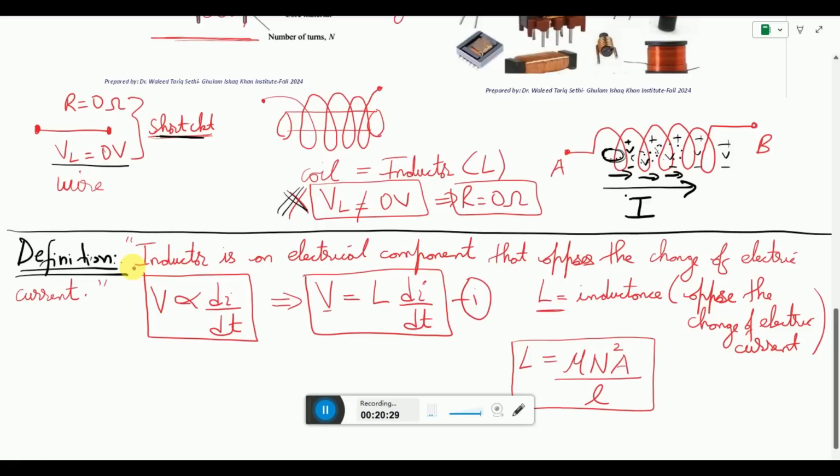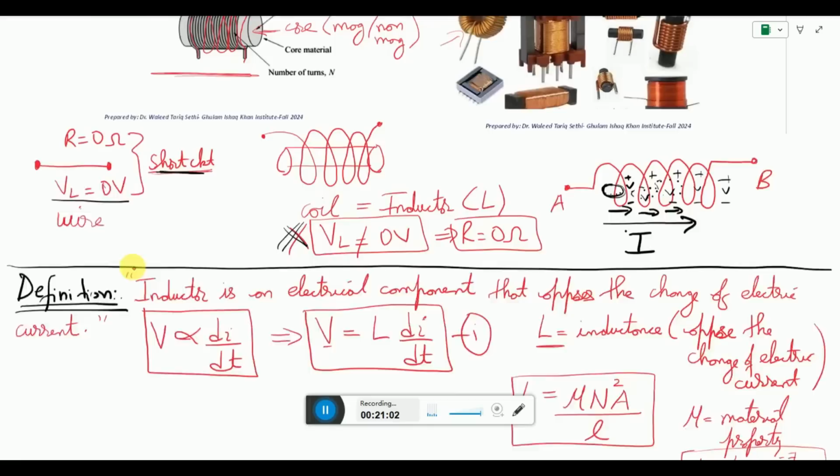Mu is the material property, which we call permeability. You might have heard about this in free space: mu naught is 4 pi into 10 raised to power minus 7 Henry per meter. This is the property of free space. If you use any other material like an insulator or a magnetic core, then the value of mu will change.